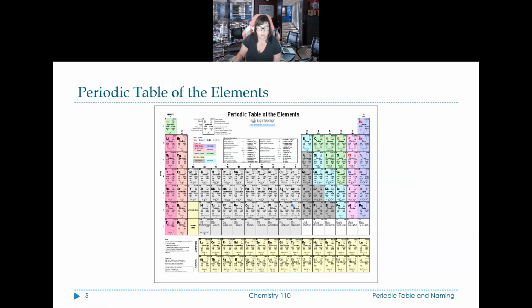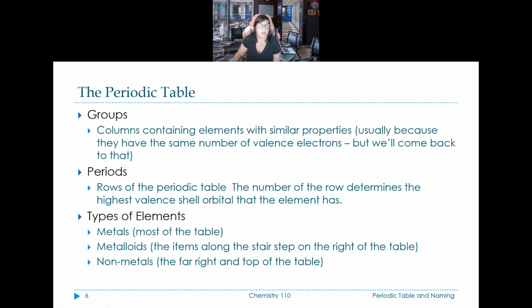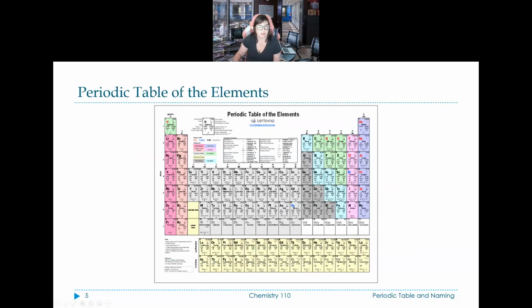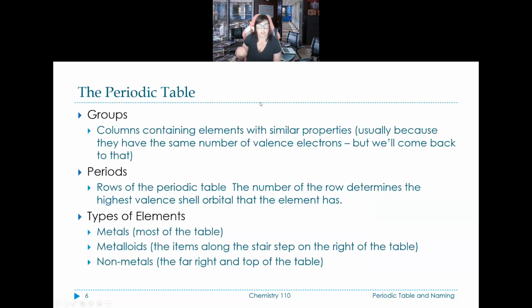We'll talk about that again later. We can talk about the types of elements, and we did talk about this. So the metals are most of the table. Like I said, it's everything over here and down here. The metalloids is this stair step right here, and the non-metals are up in this corner. So those are the groups that we typically talk about. So those are the things that I wanted to specifically point out at this point.